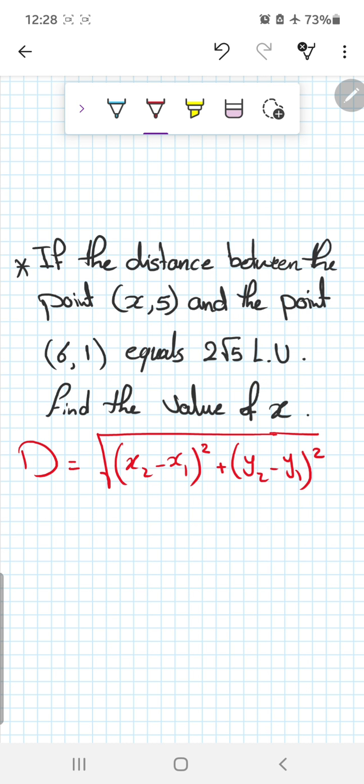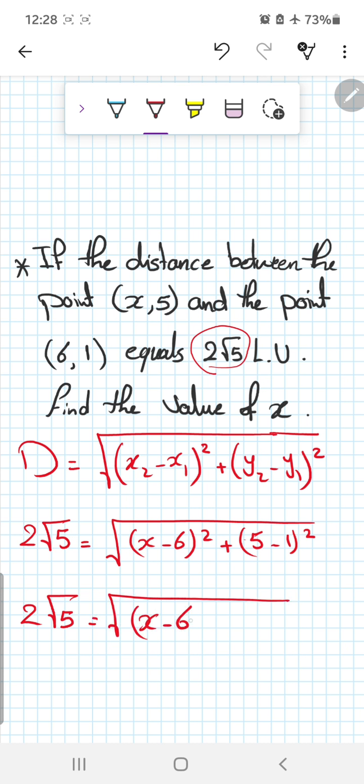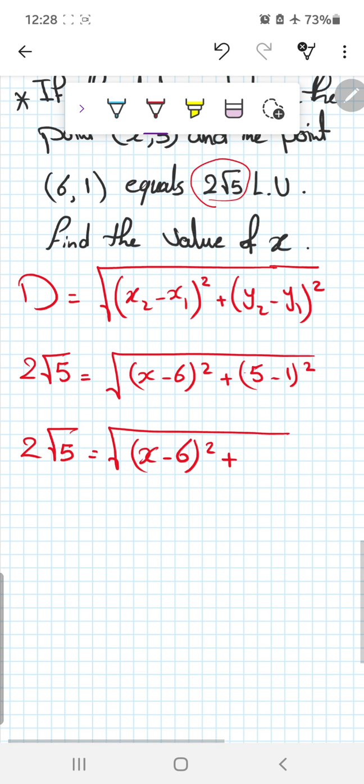By substitution, the distance is 2 root 5, so 2 root 5 equals the square root of (x minus 6) squared plus (5 minus 1) squared. So 5 minus 1 is 4, and 4 squared equals 16.